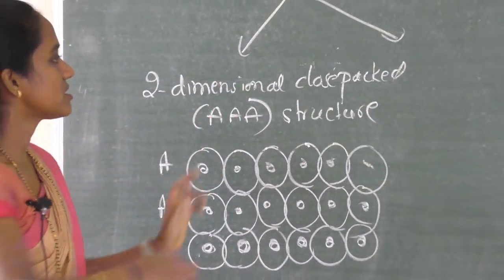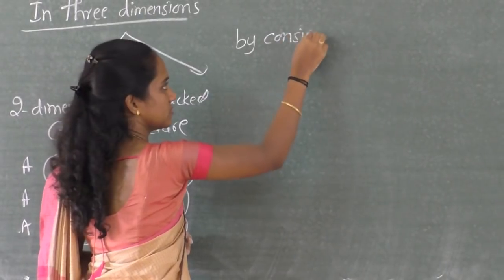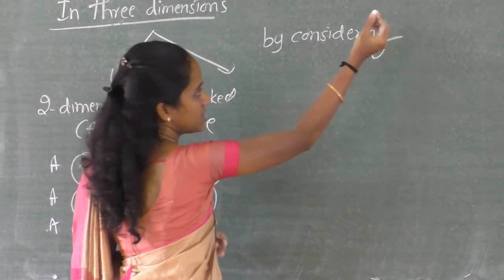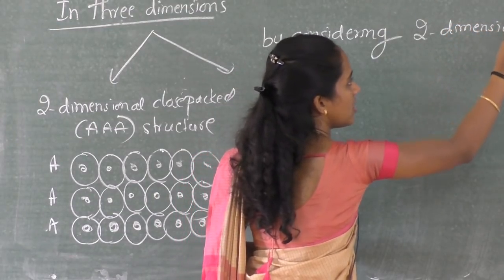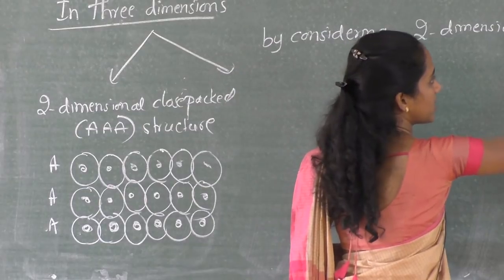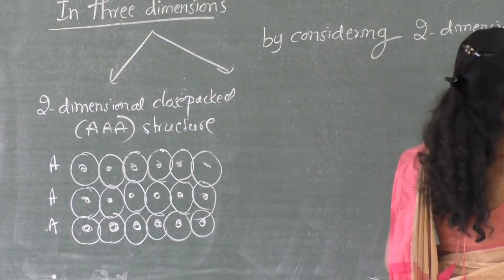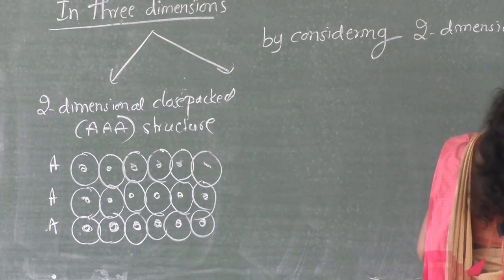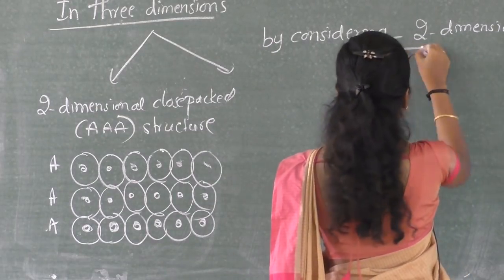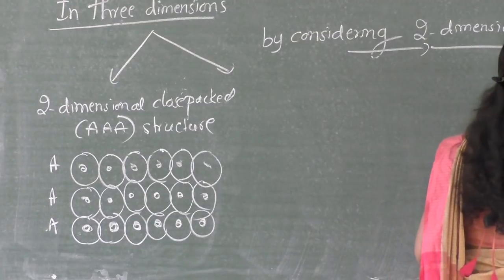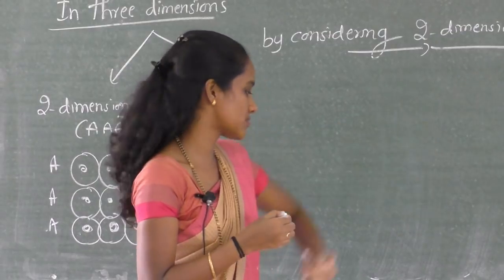Now under three dimensions, one more type is by considering two-dimensional hexagonal close packing. Now I have to take the two-dimensional hexagonal close packing structure.